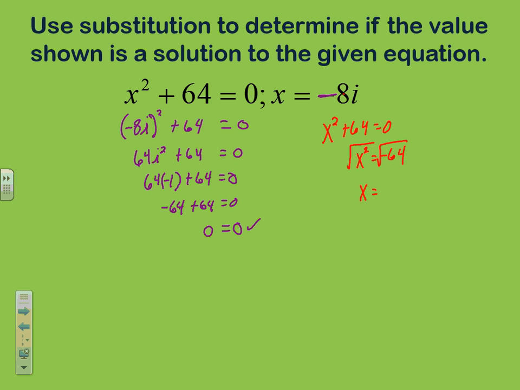So the square root of 64 could be a positive or a negative 8, and the square root of negative 1 gives me i. So not only does negative 8i produce a solution, but a positive 8i would also produce a solution. But long answer short, is negative 8i a solution to the problem? Yes, it is. Yes, negative 8i is a solution.